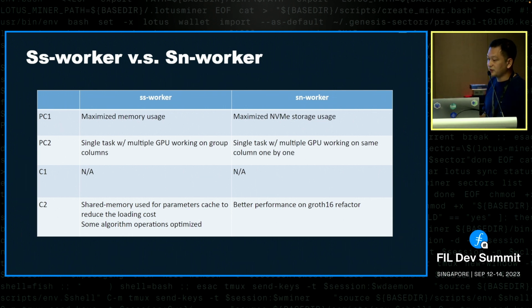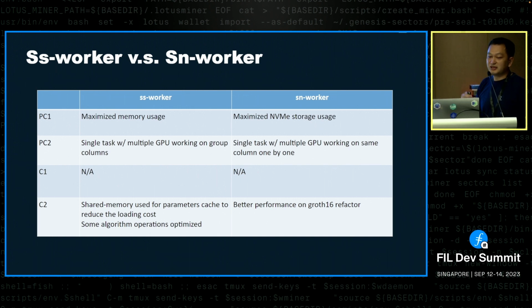For C2, during the C2 phase, they need so much memory for loading the parameters. On the server side, we are running server tasks in parallel. If they need to load the parameter data, which is 45 gigabytes, it will multiply the memory usage.